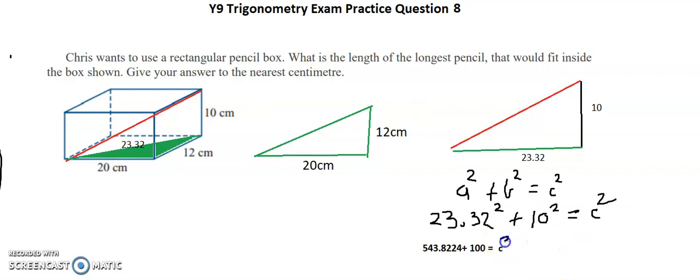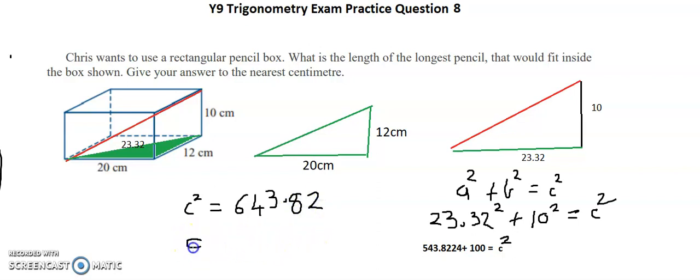Now to get c by itself, I'm going to need to square root the other side. But before I do, I'm just going to add 100 to it. So then I know that c squared is equal to 643.82.